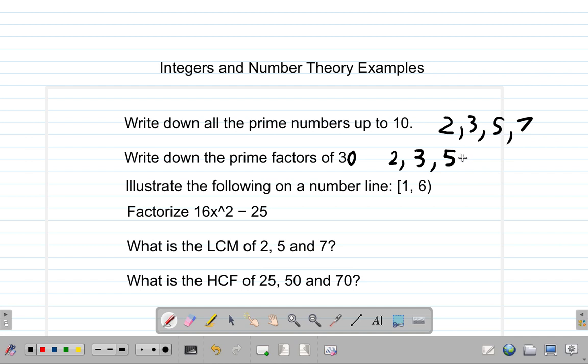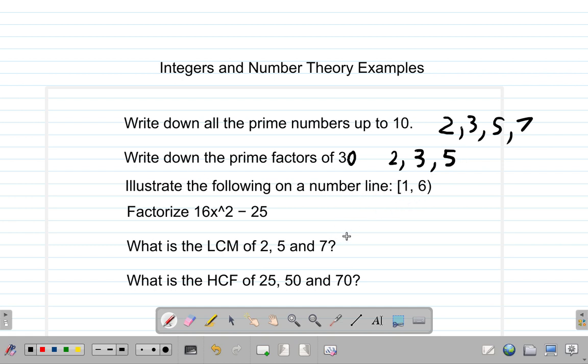Well, once you pass half of 30, once you pass 15, nothing else works. Right? Because even though 17 is a prime number, you cannot divide it into 30. You don't have 2 or more 17s in 30. So 2, 3, and 5 are the only numbers here.